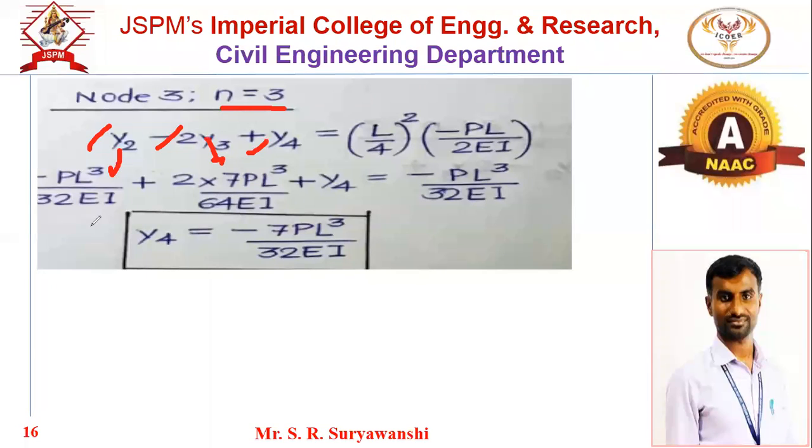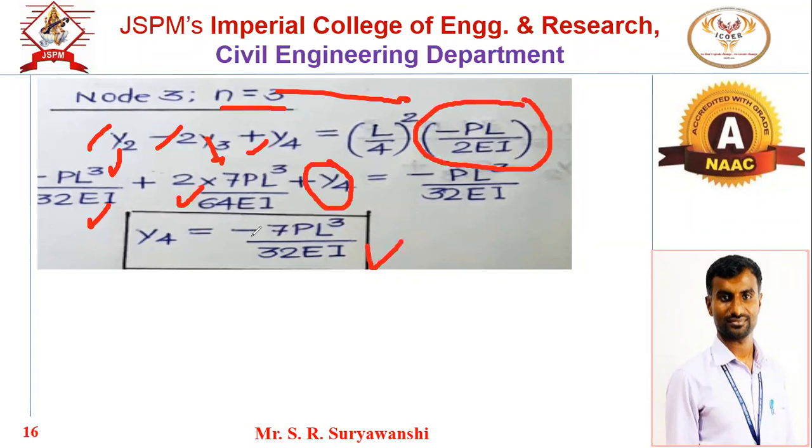Put the value of y2 and y3, plus y4 that we have to find out, on right hand side h square into M by EI. Now this M by EI term is for node number 3, that will be minus PL by twice of EI. So if you simplify further, you will get value of y4 as minus 7 by 32 PL cube by EI. Okay, so this is the deflection at fourth node.